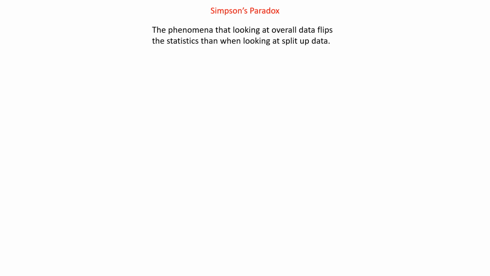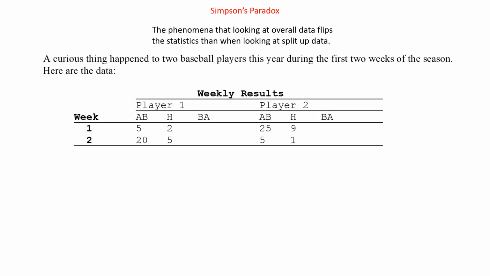It gives a couple examples in the book. We're going to look at another one. So we have two baseball players during the first 2 weeks of the season. It's not this season, don't try and look it up, and this might just be made up data. We're going to look at the at-bats. Player 1, in week 1, had 2 hits out of 5 at-bats. So the batting average would be 2/5, which is 0.4.